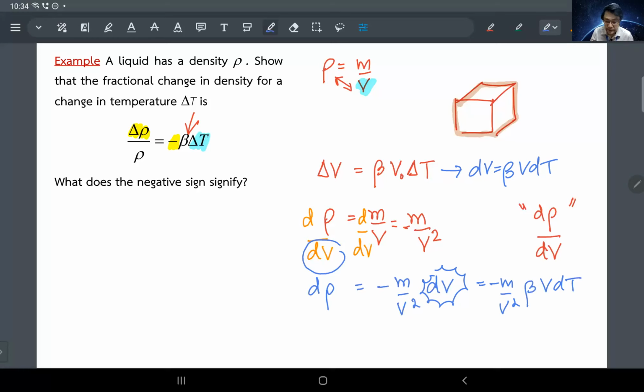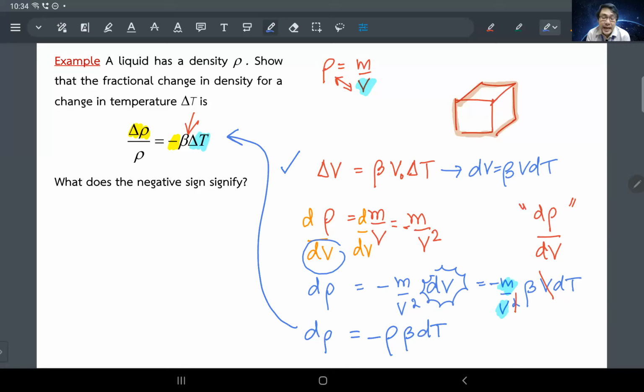Almost done, guys. One V cancels right there. I am left with m over V ratio on my right-hand side. That is the rho itself. So that means my expression now looks like this: d rho equals negative rho beta dT. And can you see now? I can get to this. And that's checked. Done.